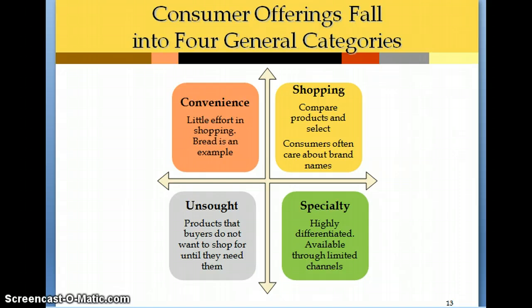Marketing strategy may be limited to simply trying to get the product in as many places as possible where a purchase may occur. Impulse offerings are most closely related to convenience offerings, with Lifesavers as the classic example of an impulse buy. Shopping offerings.